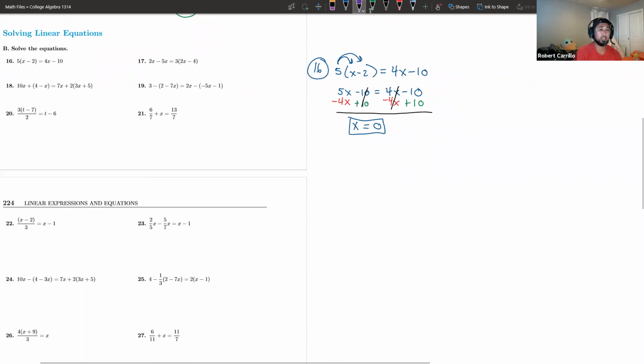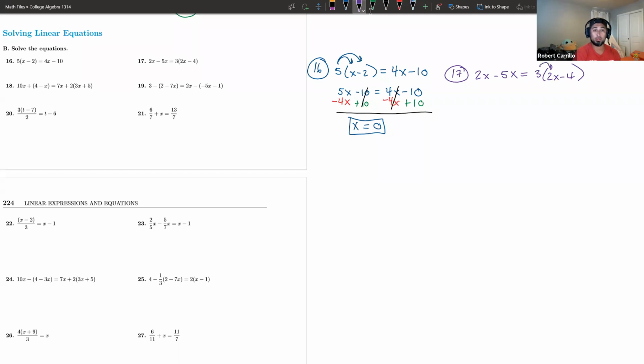Again, 17. We have 2x minus 5x equal to 3 times 2x minus 4. So this is just like 16. Now, in order to solve for x, we need to distribute that 3 on the right side.